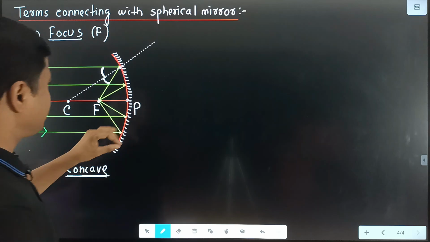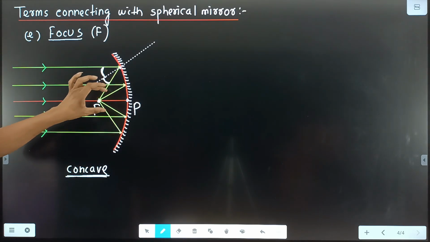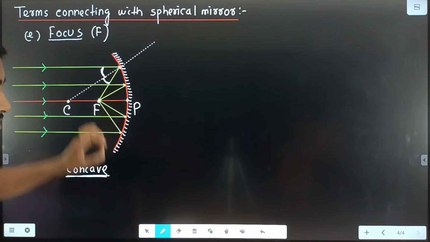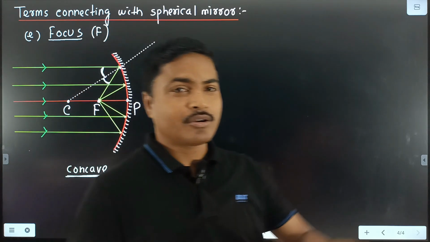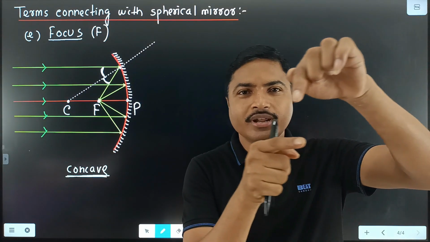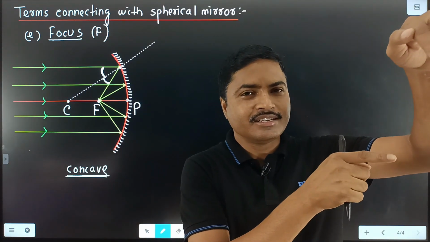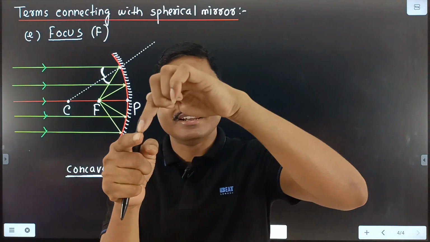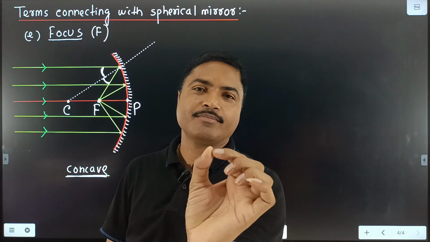Clear? And after reflection, all the reflected rays are converging with each other. Converging means the distance between the two rays gradually decreases, and they actually meet at a point.